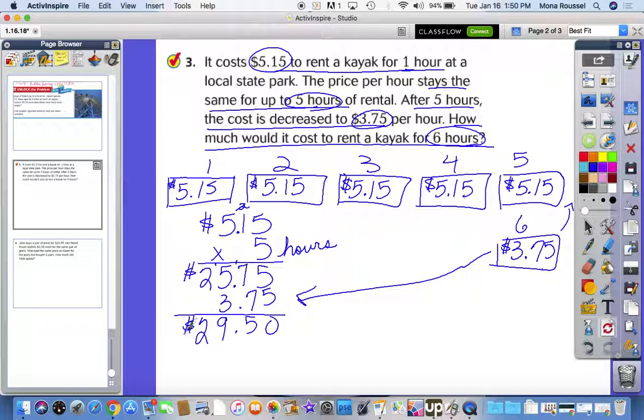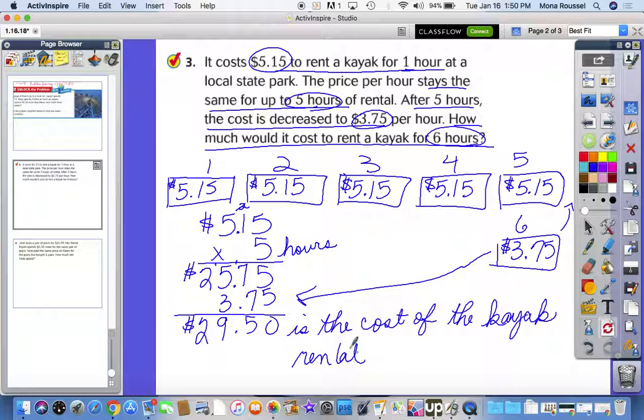Then we would get a total of $29.50 as the cost of the kayak rental for 6 hours.